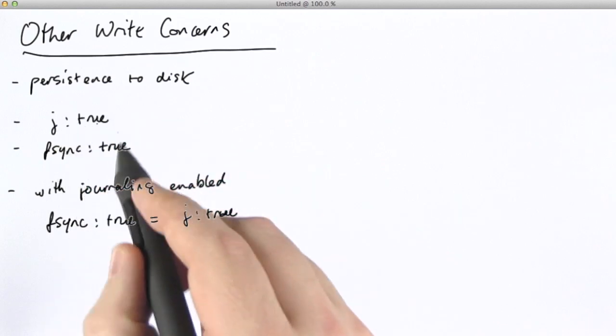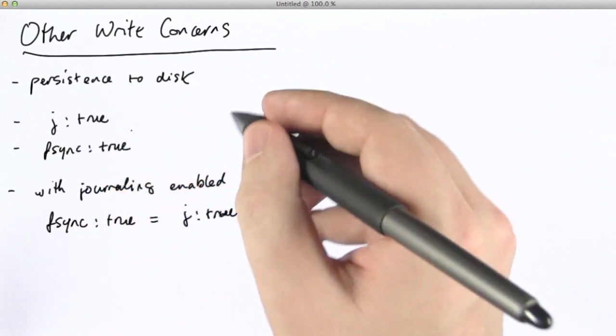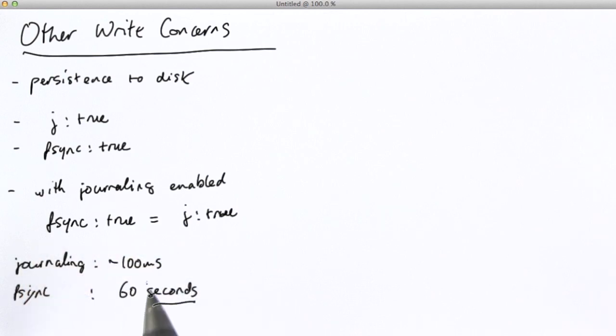There are very good reasons for this. These are orders of magnitude different in terms of the times that they're actually going to take. The journal will sync to disk every 100 milliseconds by default. That can be adjusted. Whereas an fsync happens only every 60 seconds. So that's a massive difference in how long you're going to wait for something to be acknowledged.